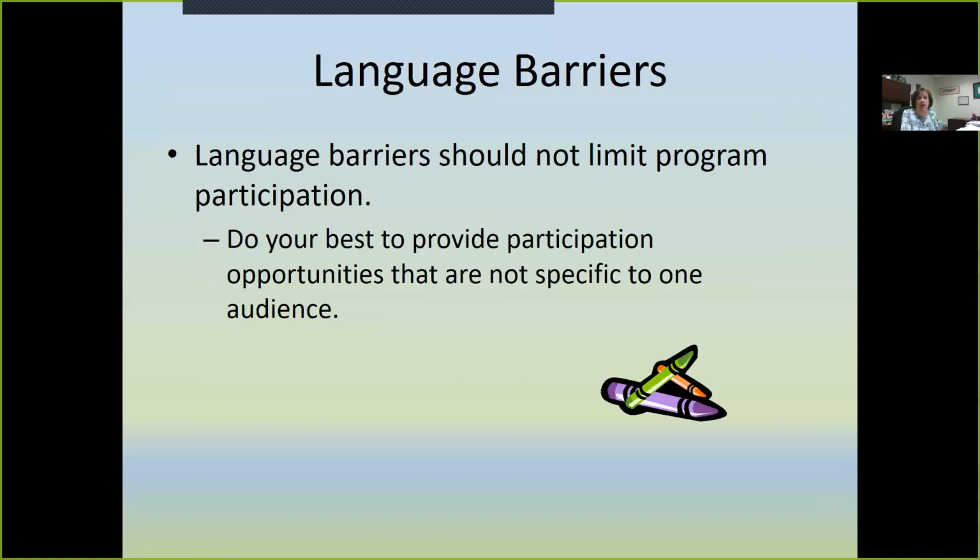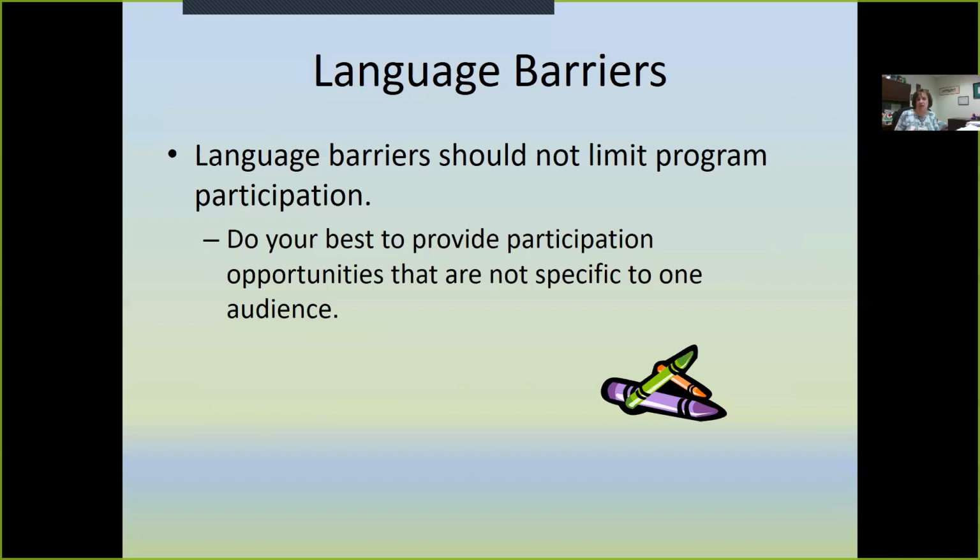Talking about language barriers, this really shouldn't limit our program participation. You want to do your best to provide participation opportunities that are not specific to one audience. I know it's hard when you have people that do not speak the majority language, but we can work with you.